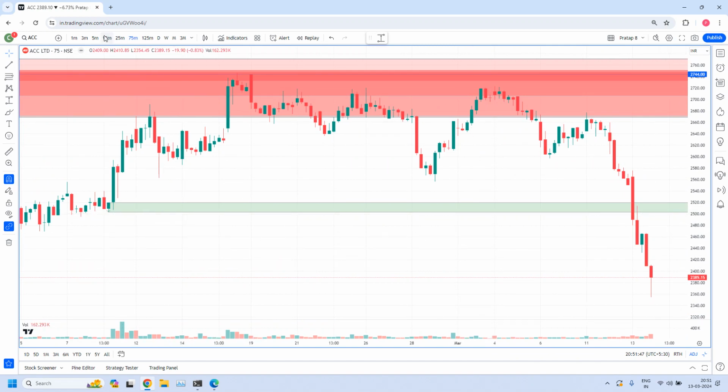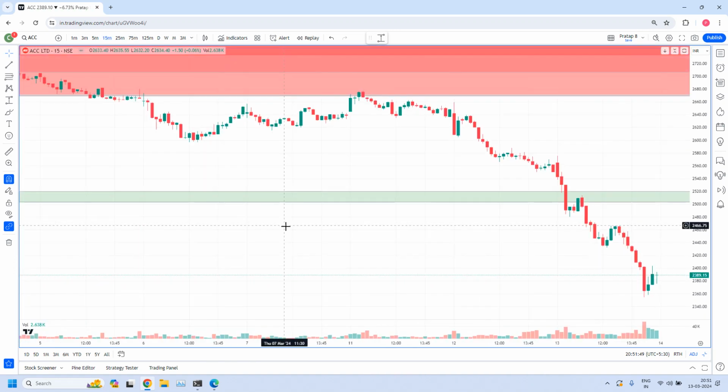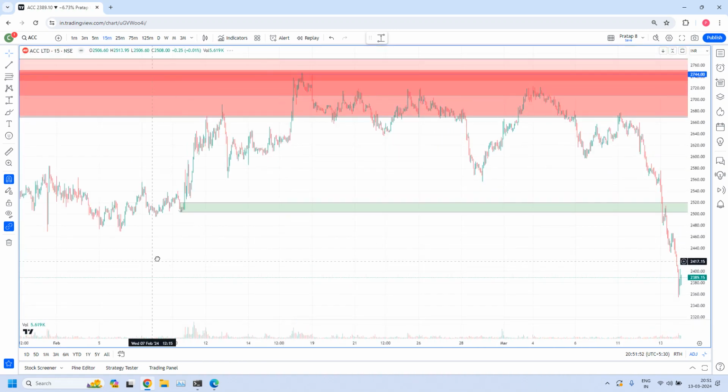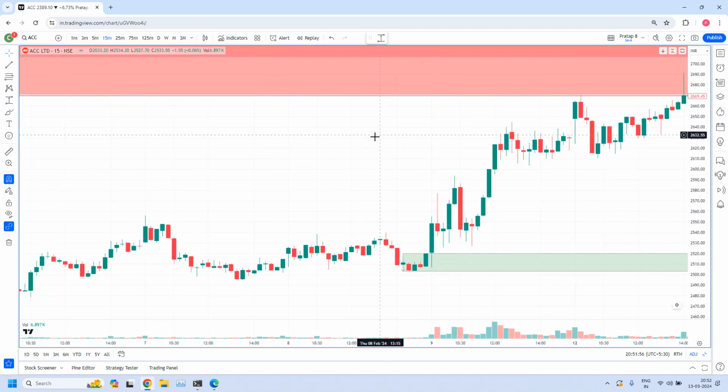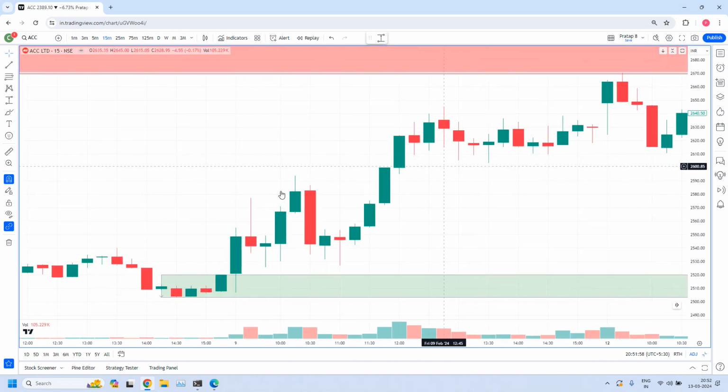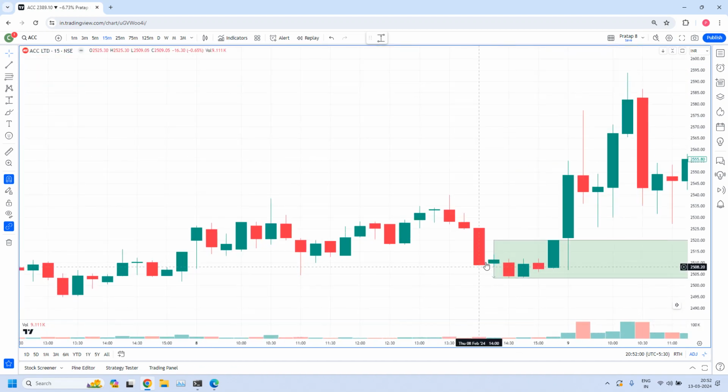Why? Go to the 15 minutes, you will get clarity. For 5 minutes, you get complete clarity. If you go to 15 minutes, you have a drop candle, you have 1, 2, 3, 4 base candles and a rally candle, and then another follow-up candle. And the follow-up candle again picked up the orders from this zone.